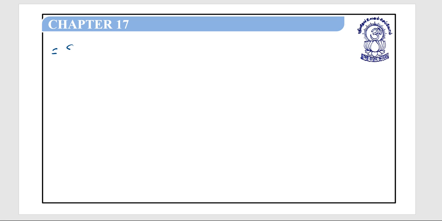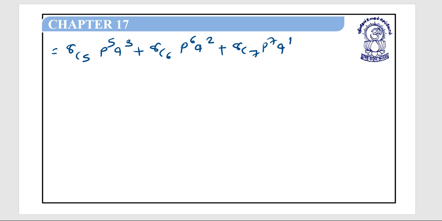Is equal to 8C5 P raised to 5 Q cube plus 8C6 P raised to 6 Q square plus 8C7 P raised to 7 Q raised to 1 plus 8C8 P raised to 8 Q raised to 0.